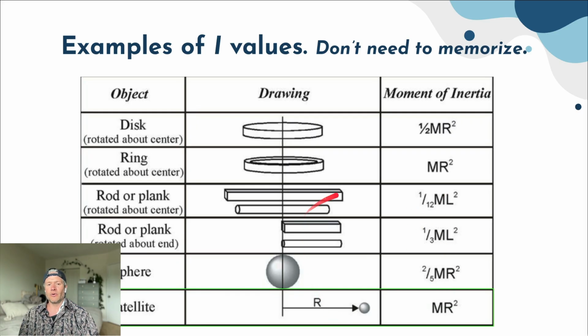Okay. So why does this matter as a concept and why do I want you to be aware of this? Well, again, it's the mass and how that mass is distributed around or away from the center pivot point or the axis point that matters for the rotational resistance, or rotational inertia, sorry.